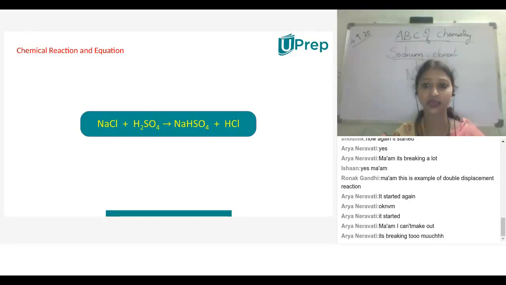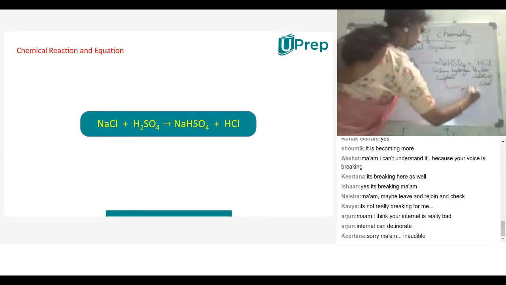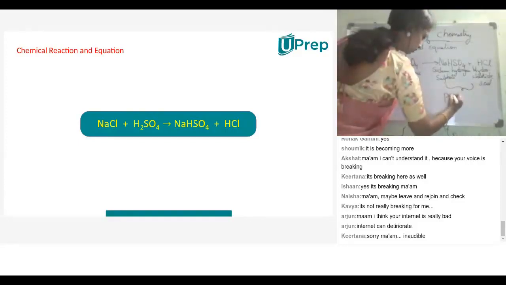This reaction can be seen as evidence in the laboratory, but how do we represent it? We represent the chemical reaction in the form of a chemical equation. Understood, children? These are the reactants, and this is the product.